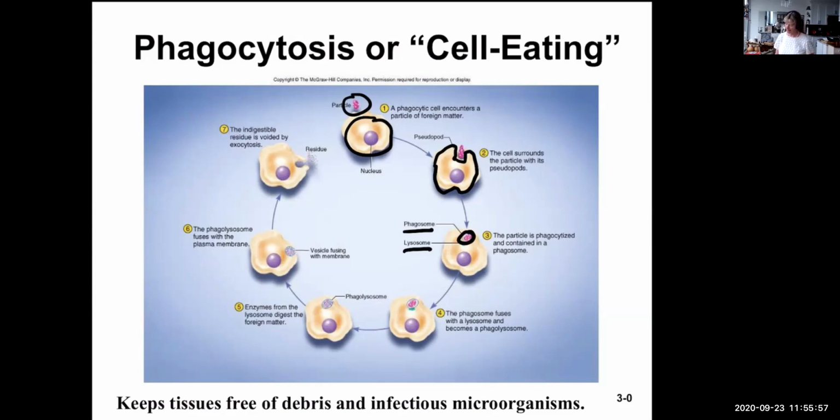So it's a phagosome, it combines with a lysosome, and then it becomes a phagolysosome. And all of that particle will get broken down into inert pieces of debris that can be resorbed or excreted. And the residue gets voided from the cell by exocytosis.